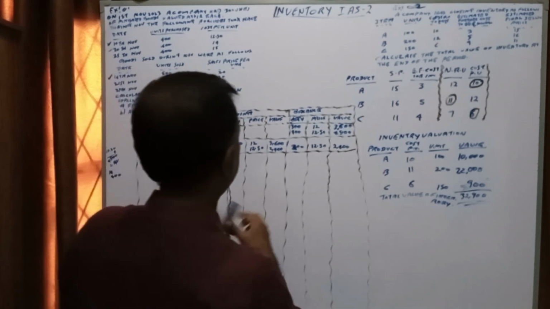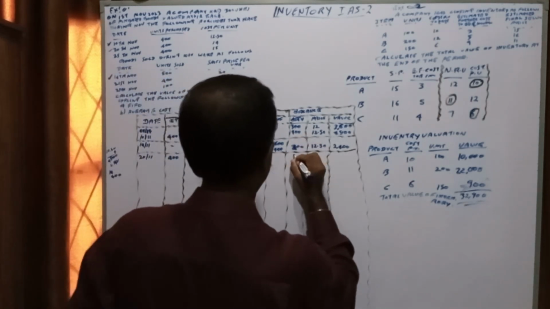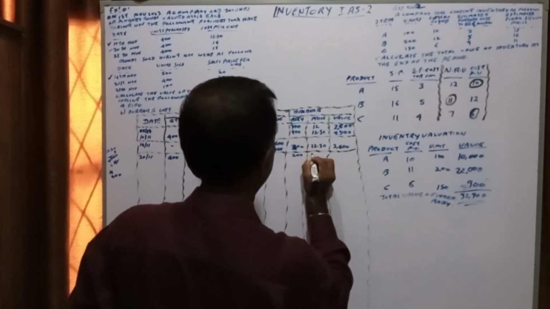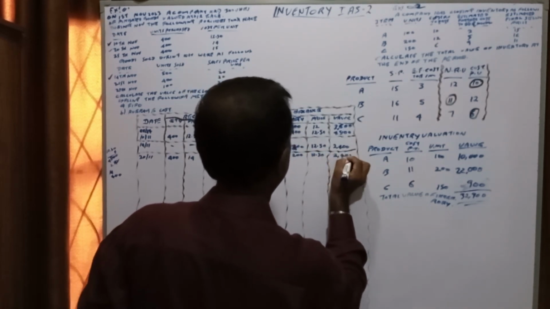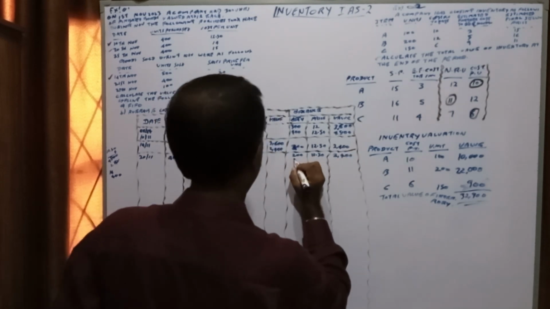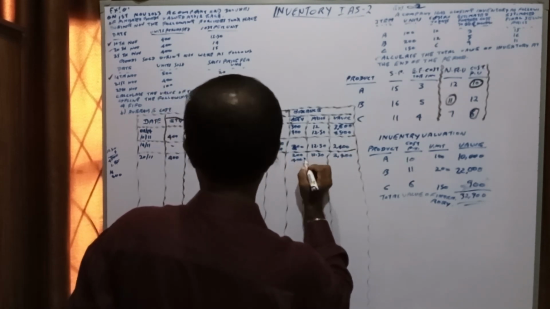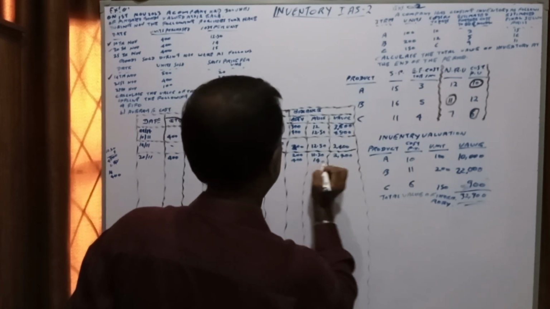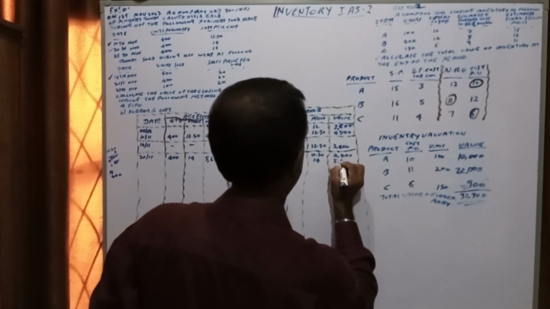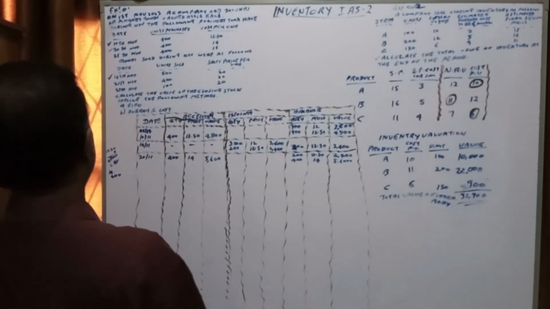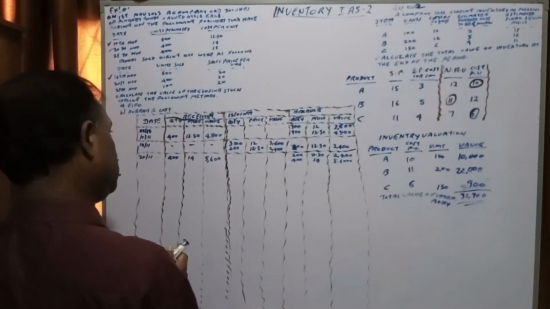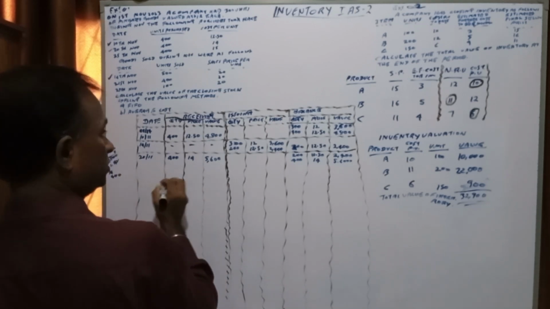So we take this down: 200 units at the rate of 12.50, that is 2400, and another 400 units at the rate of 14 rupees, that is 5600. There is no other transaction on the 20th, so we close this.